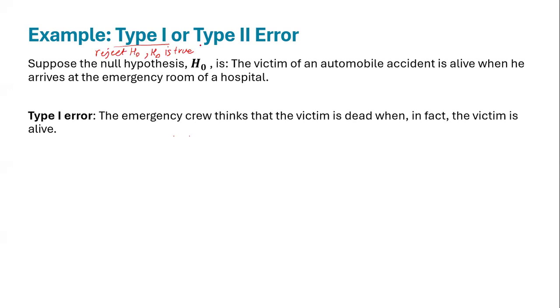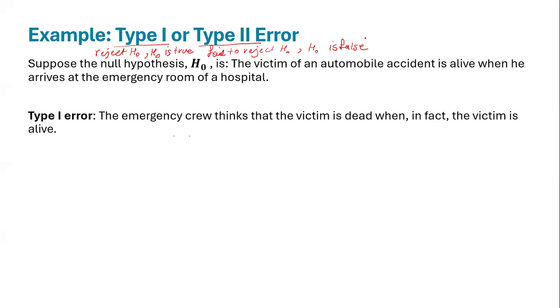Type 2 error means fail to reject the null when null is false. Null is false means the victim is not alive, the victim is dead. But we fail to reject it. Fail to reject means they don't reject it.